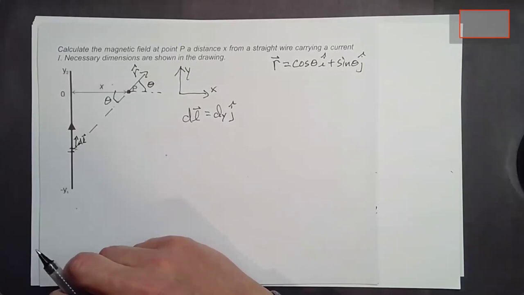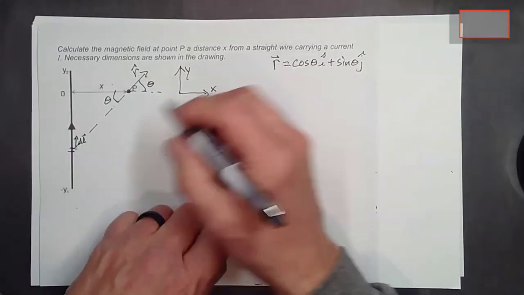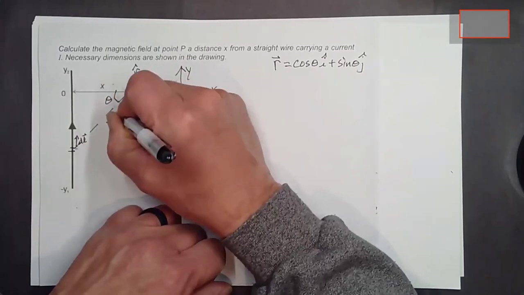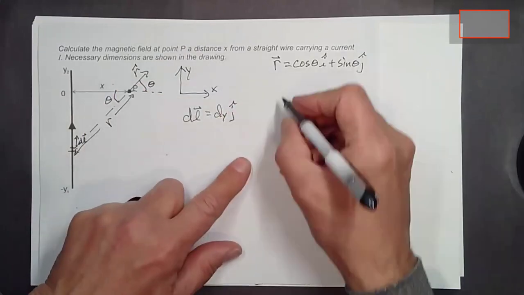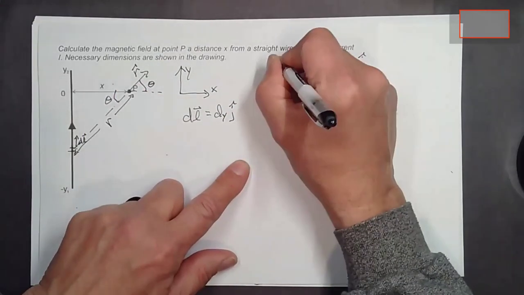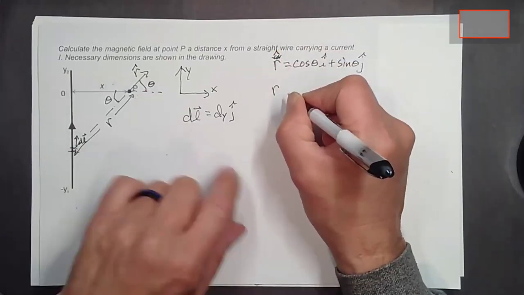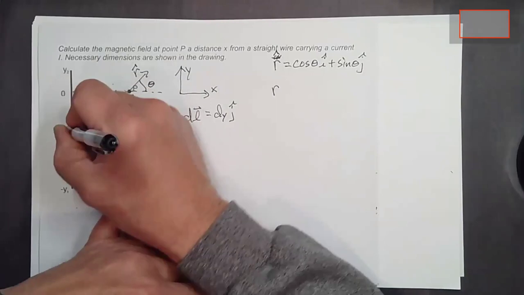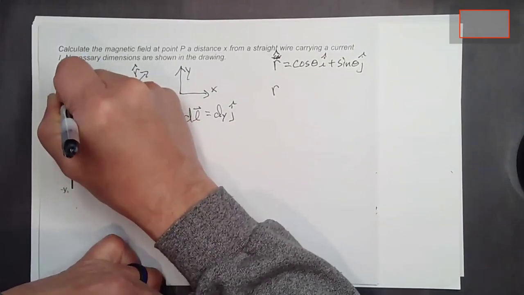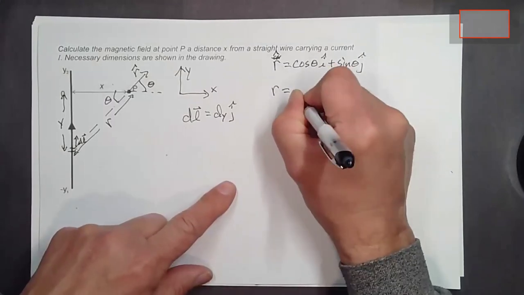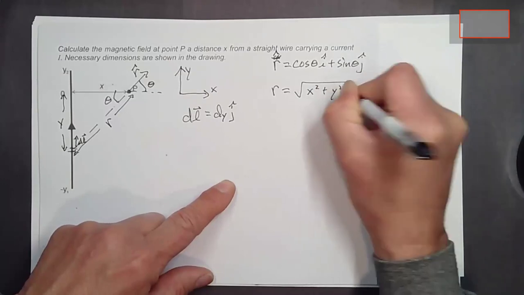And what about theta? Oh, and this distance here is going to be r. The magnitude of, oops, this is r hat, excuse me. The magnitude of the distance between those two things, this would actually be y down here. But r will equal the square root of x squared plus y squared.